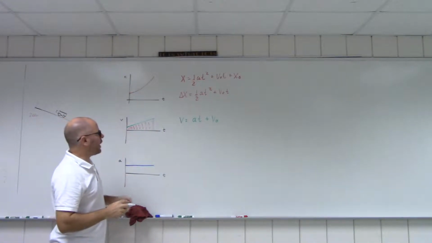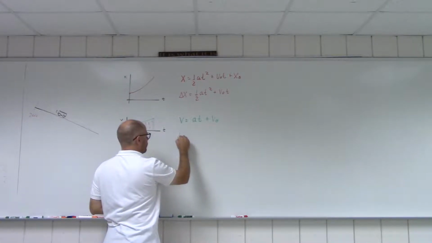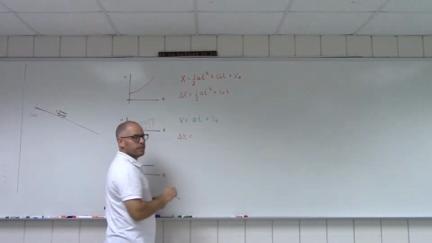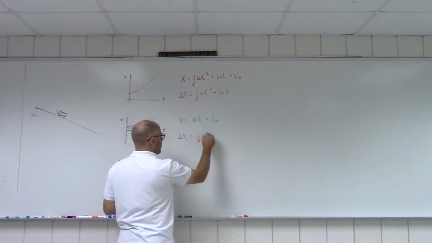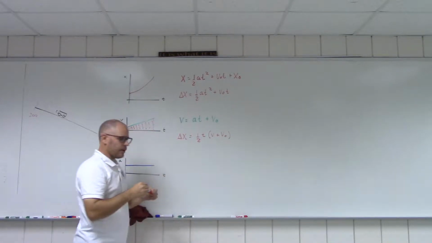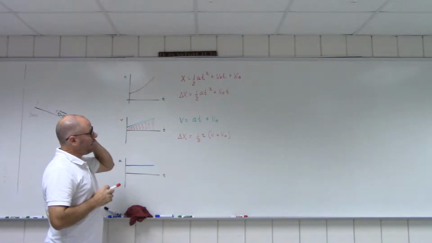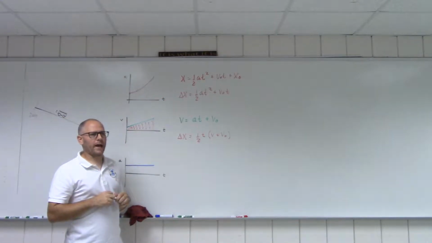And from this area, we got a new equation that's related to this one. The change in position, the displacement, is equal to 1/2 t times (v plus v0). Now, I like these equations because it's going to help us with some problem-solving aspects.